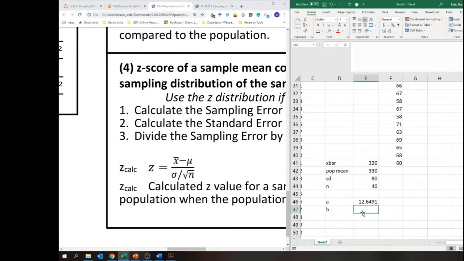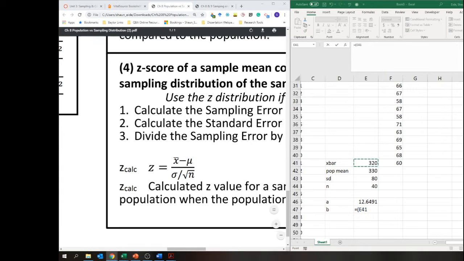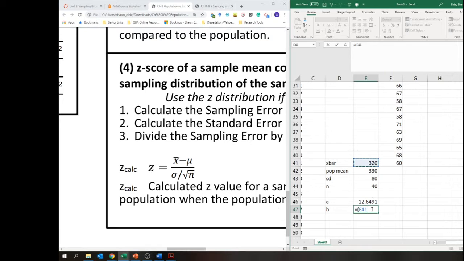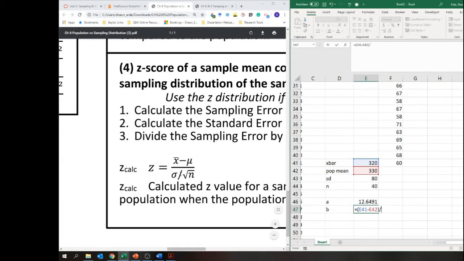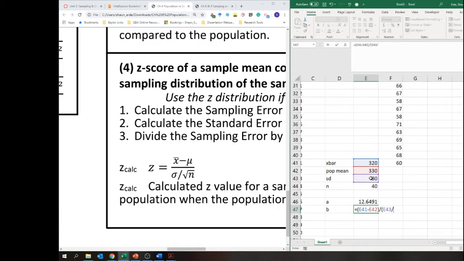We're going to do X bar minus mu, the population mean, divided by, in parentheses, the standard deviation divided by the square root of the number in the sample, and that's going to give us the z-score.